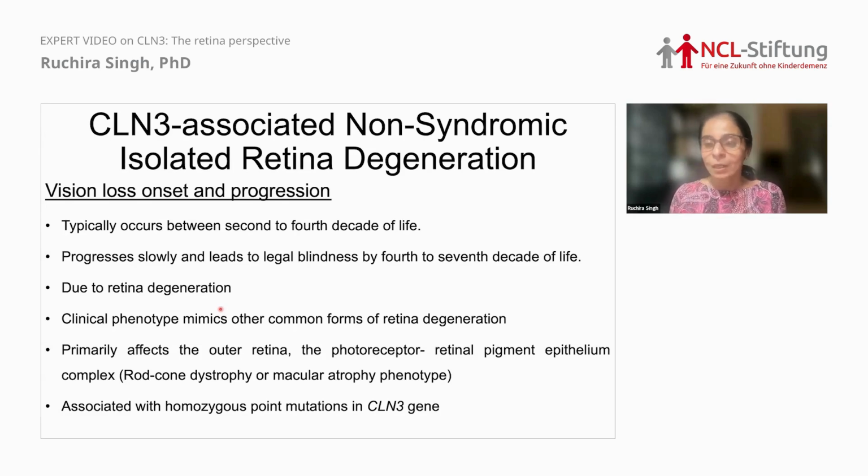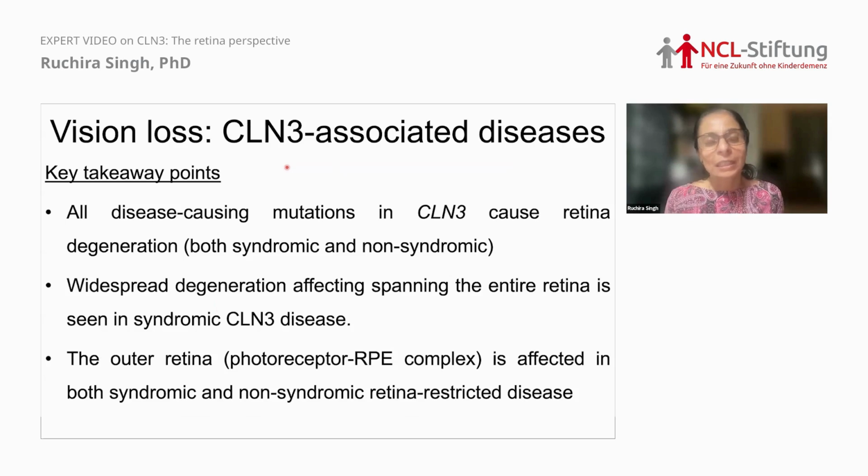So the genotype-phenotype correlation isn't very well established for CLN3 disease. The key takeaway is that all disease-causing mutations in the CLN3 gene, whether they lead to the syndromic or non-syndromic form of the disease, lead to retina degeneration.